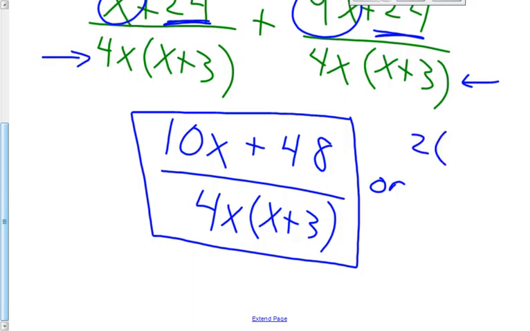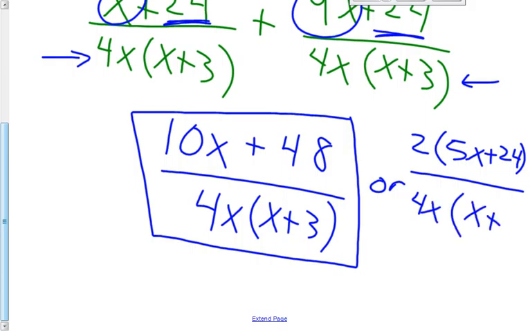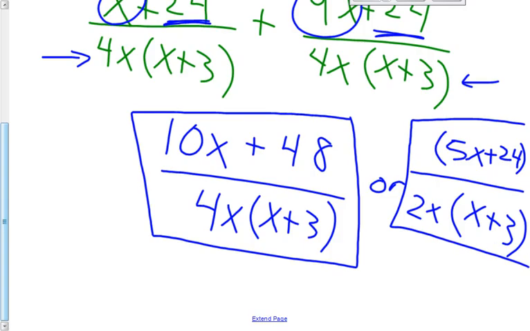Now it would be 2 times the quantity 5x plus 24 over 4x times the quantity x plus 3. And then lastly, this 2 and this 4 reduce. So instead of 2/4, it would be 1/2. So this is the answer I would want to see on a test.